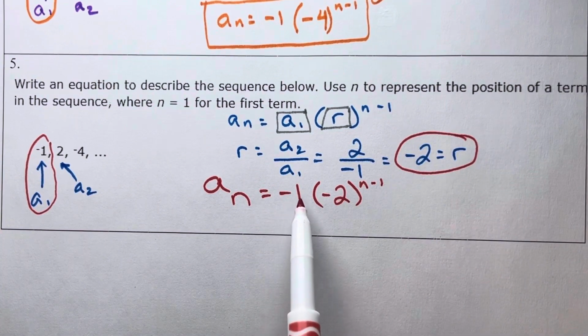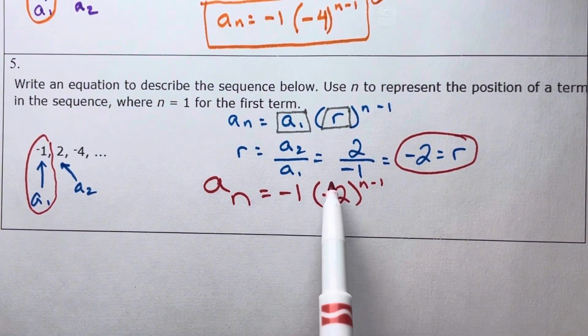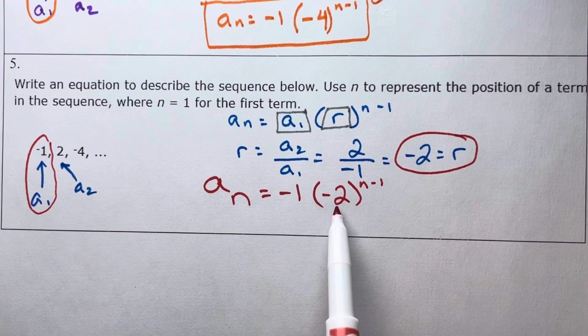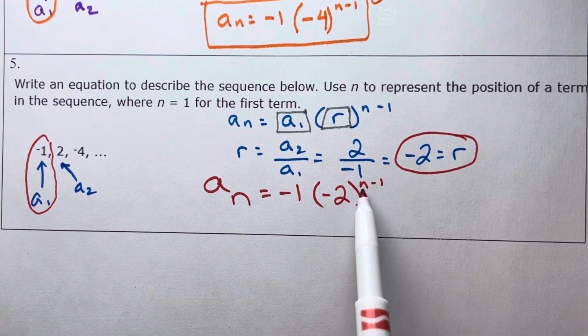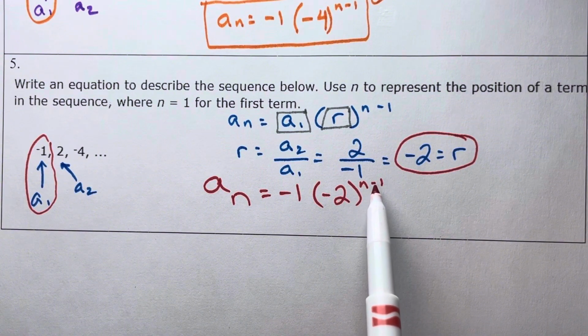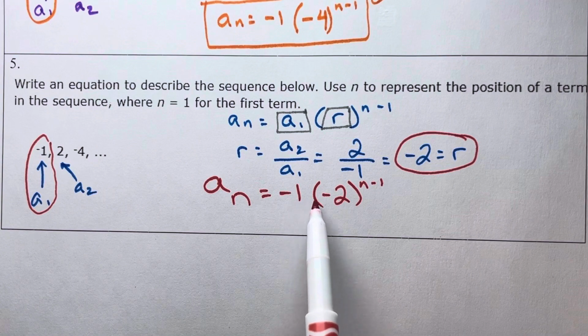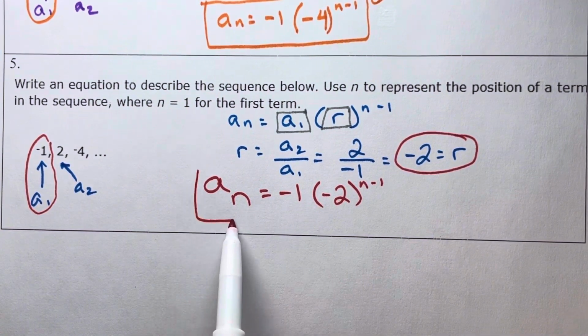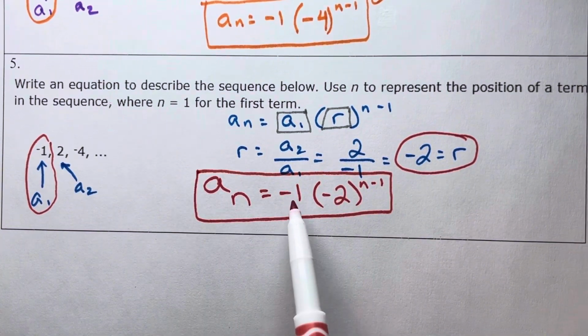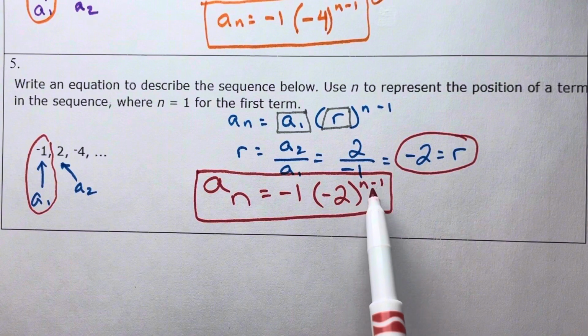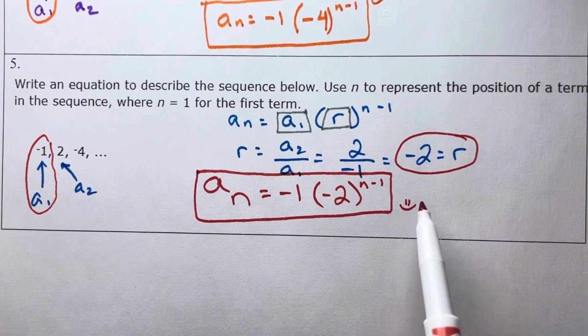And we cannot simplify this because, as we stated in the previous example, a negative value inside of parentheses with an exponent has to be addressed in the order of operations before multiplying can be addressed. So this particular equation is as simplified as it can get, with -1 times -2 to the n minus 1. And there you go.